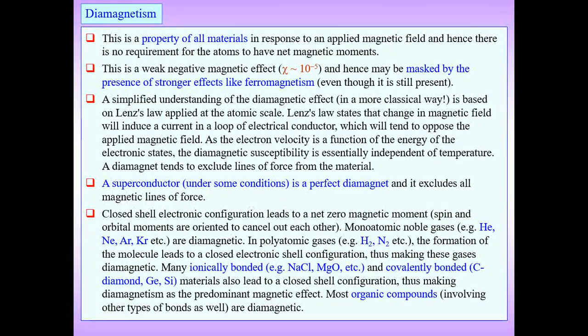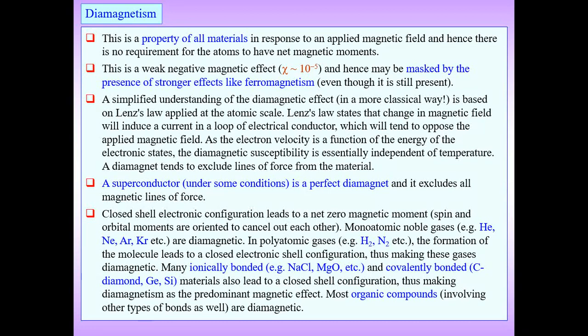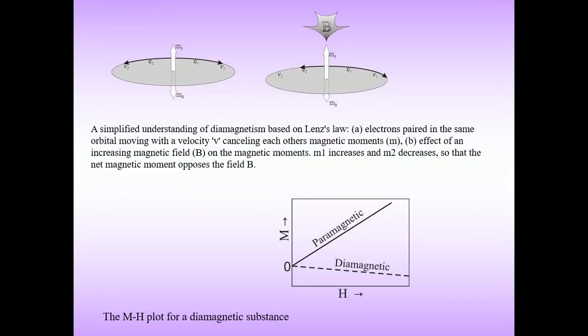Many ionically bonded materials like NaCl, MgO, etc., and covalently bonded materials like carbon, diamond, germanium, and silicon also have closed shell configurations, making diamagnetism the predominant magnetic effect. Most organic compounds involving all other types of bonds are also diamagnetic.